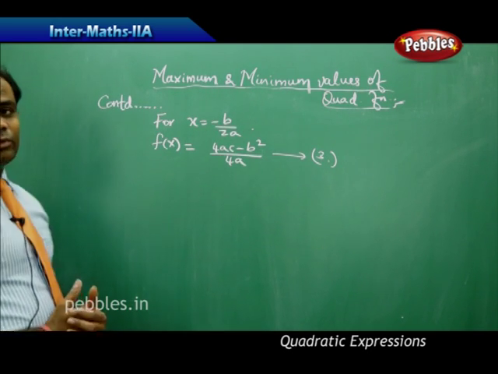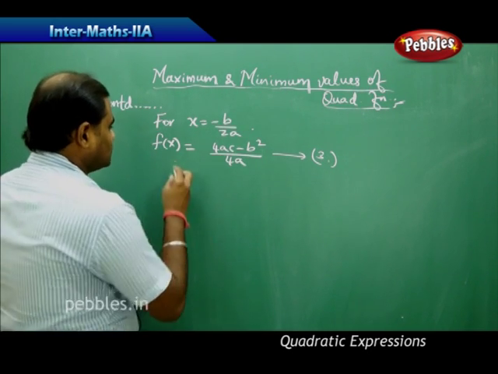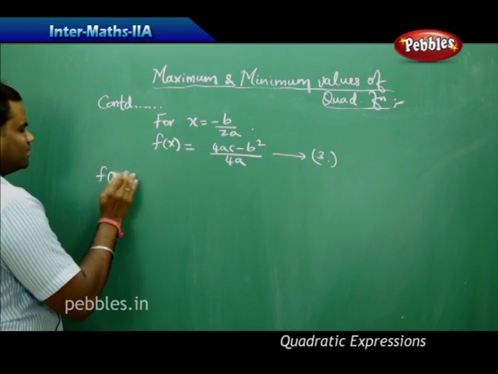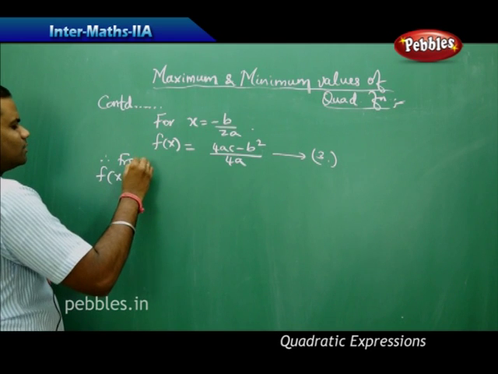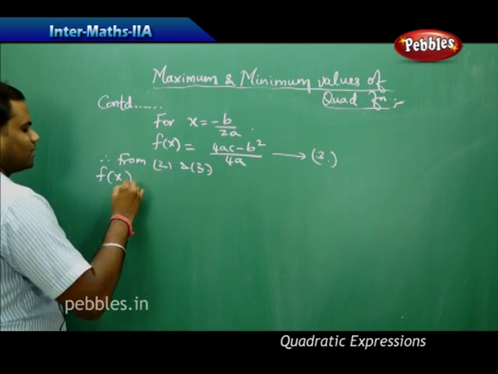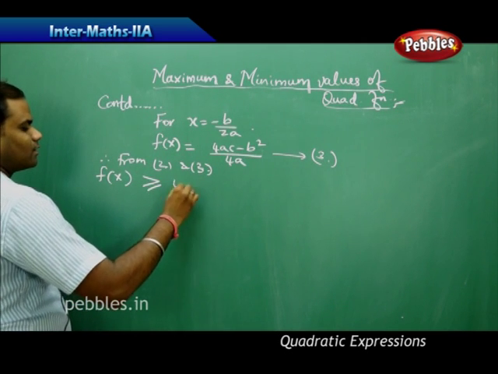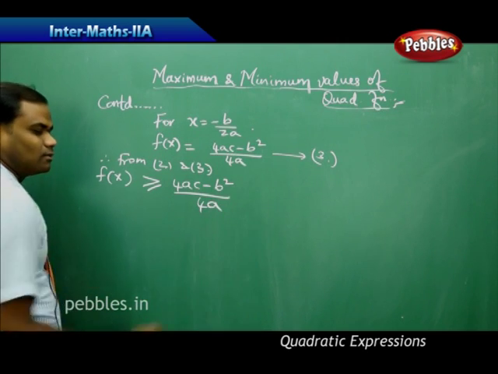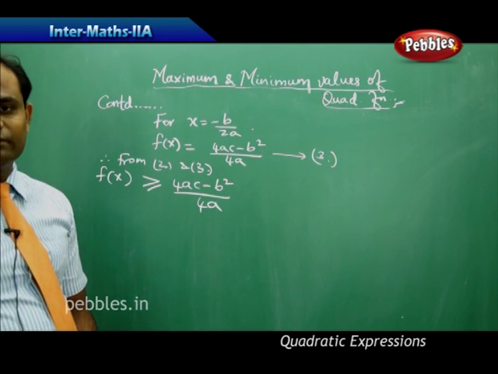Now, when I see equation 2 and 3, I see that from equation 2, I have f of x. Therefore, when I combine equation 2 and 3, f of x is greater than or equal to 4ac minus b squared by 4a is what we get.